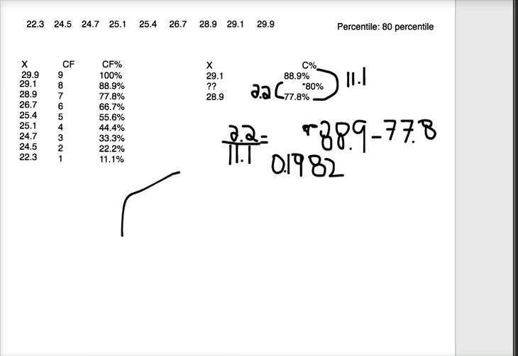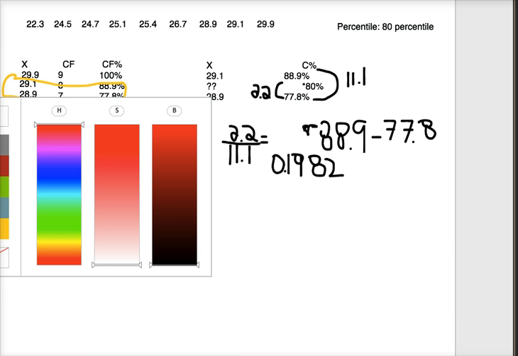So the upper limit for this 28.9 is going to be 28.95.